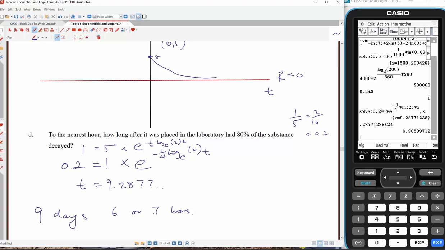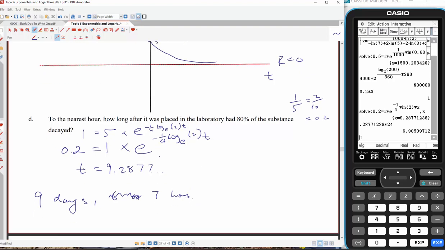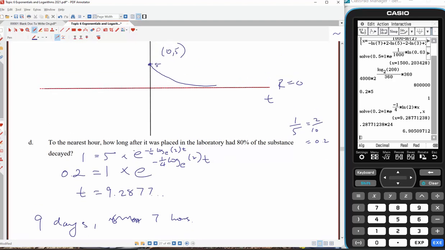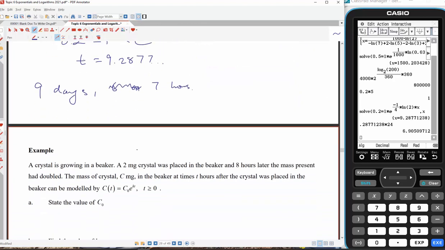So we need to round this up. So it's actually going to be 7 hours, not 6 hours. So let's scrap that there. So 9 days, 7 hours is our answer. So just watch your rounding on these types of exponential function questions or log function questions. It can be a little tricky.